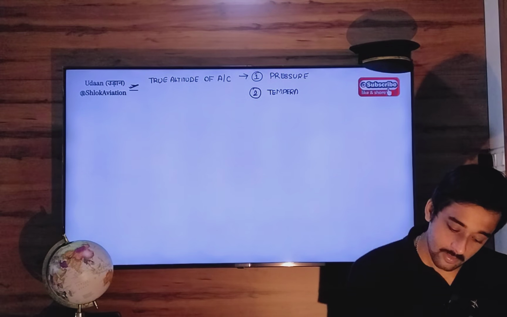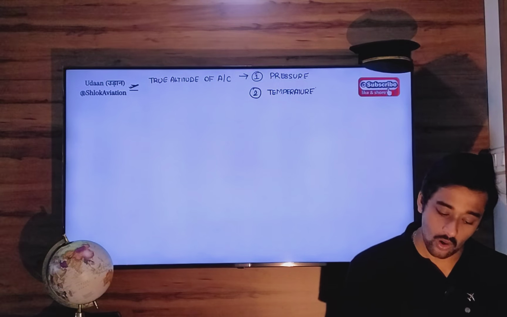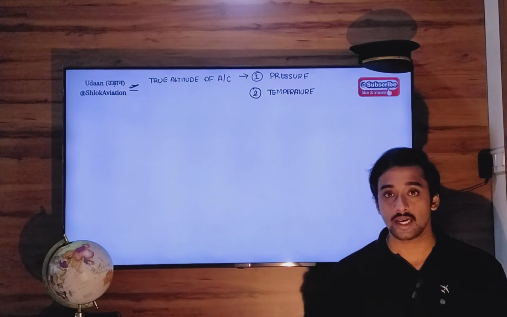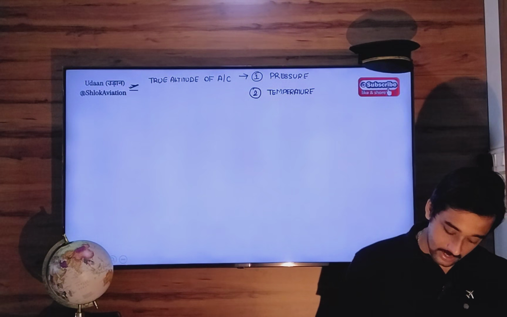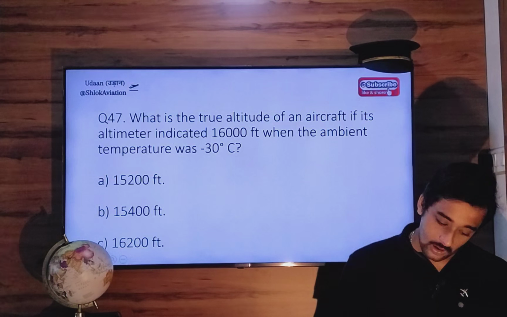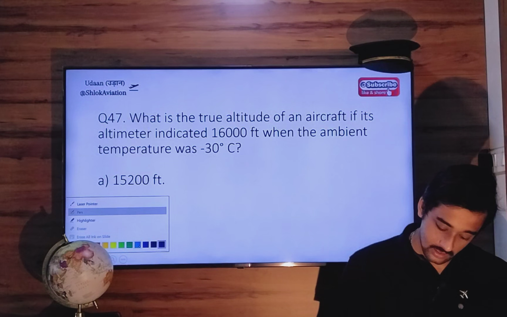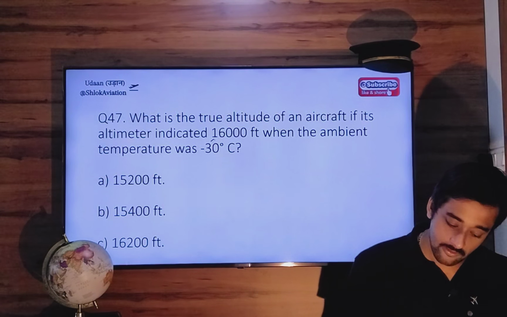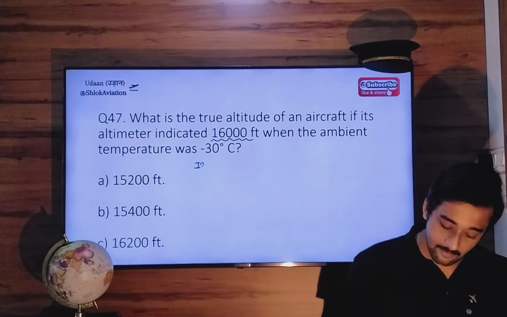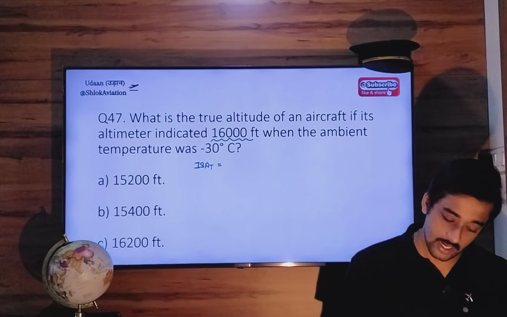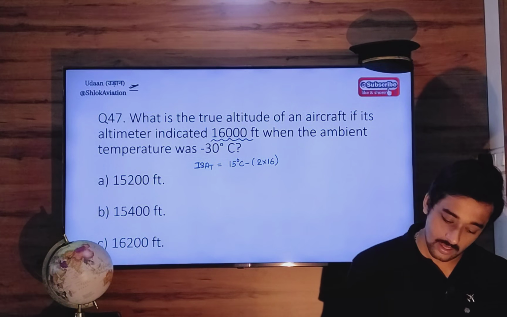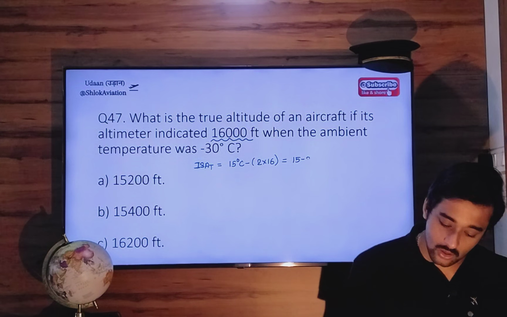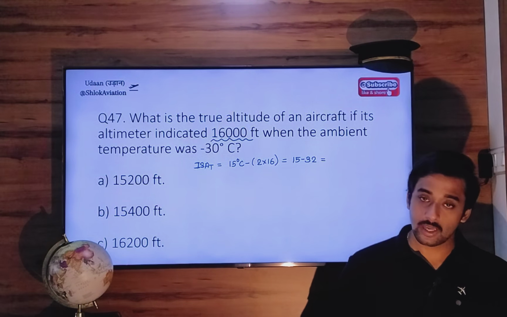If the atmosphere is warmer than ISA or colder than ISA, your altimeter will be subject to temperature errors. Now here, you are flying at 16,000 feet. ISA temperature at 16,000 feet is equal to 15 degrees Celsius minus 2 into 16, that is 15 minus 32. What is 15 minus 32?